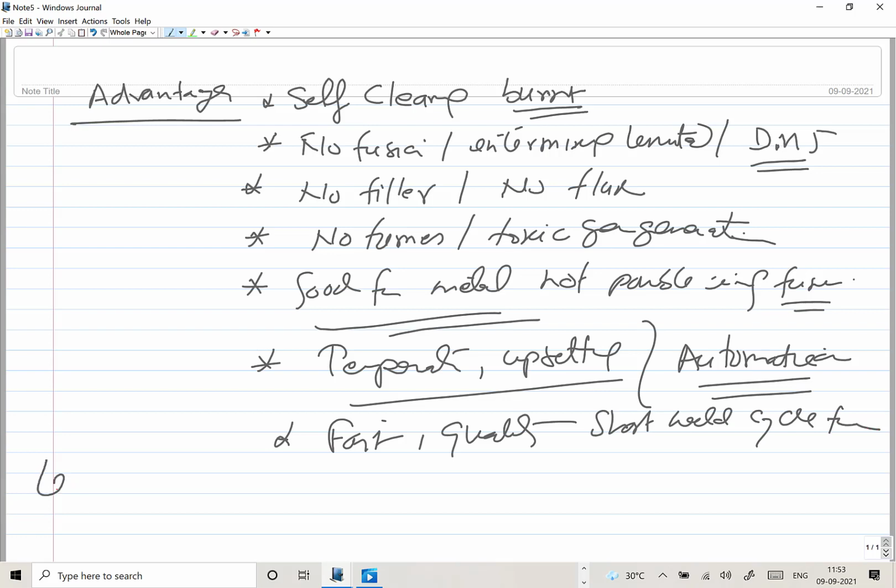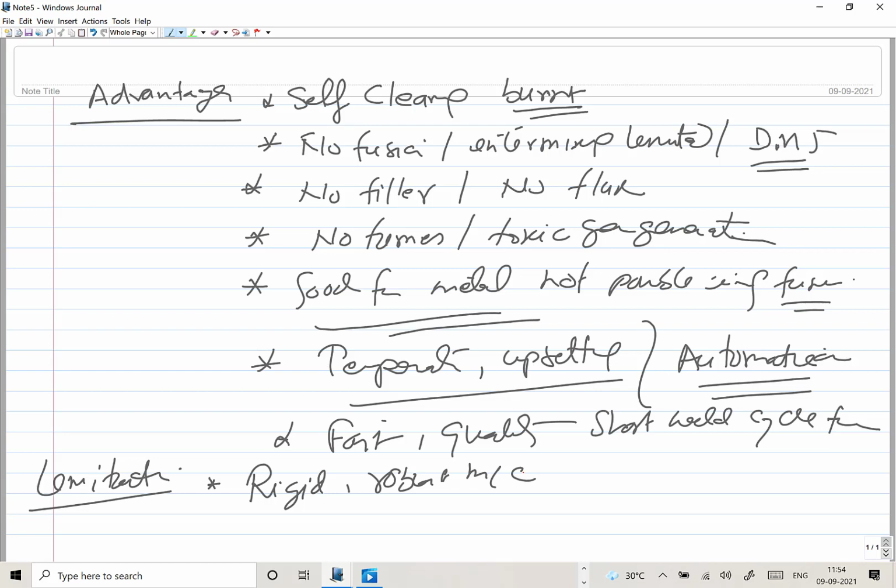Okay, now as far as the limitations are concerned, since the metal is to be deformed in the solid state, the metals may have very limited ductility and forgeability. So the forces that will be generated, the power that you need to develop a sound weld joint by friction welding, you need very rigid, very robust machines for handling all these forces.